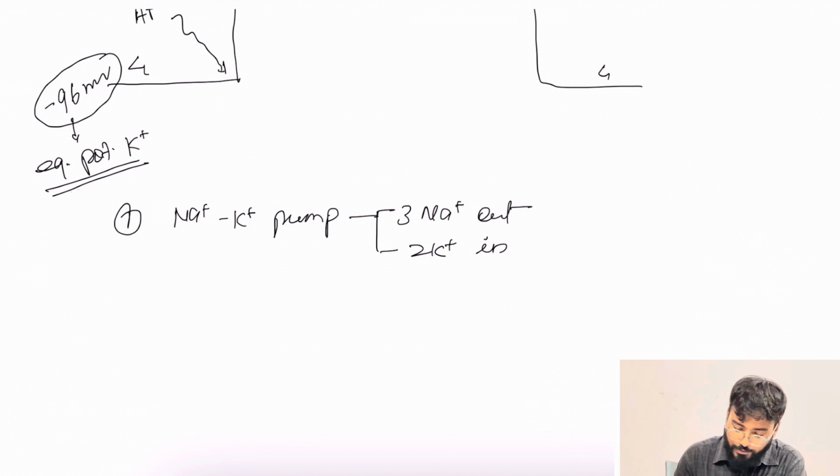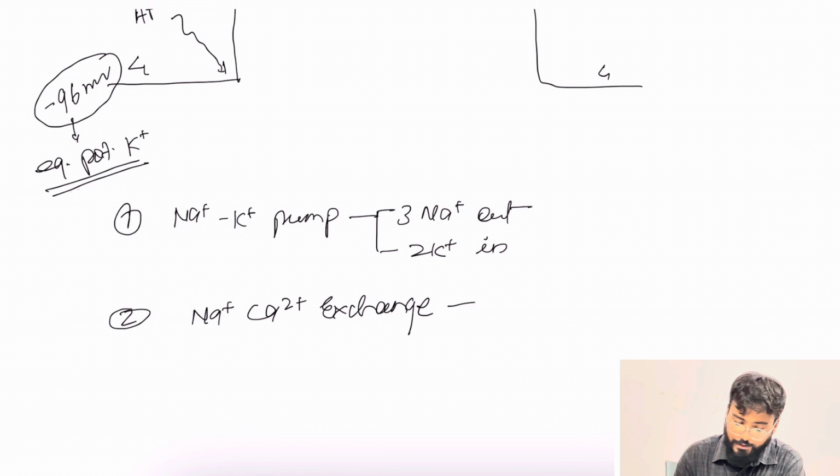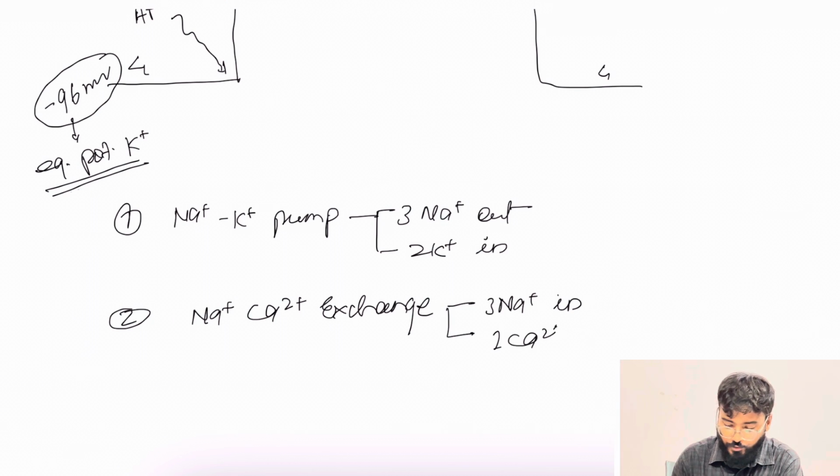The other one is the sodium calcium exchanger. Here there is movement of 3 sodium ions inside and 1 calcium ion outside.